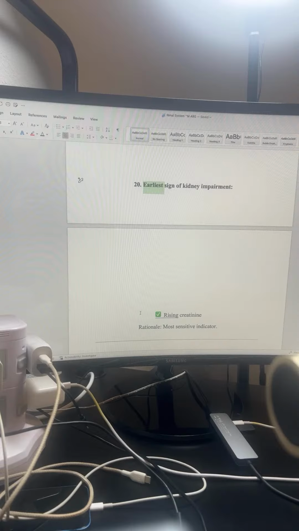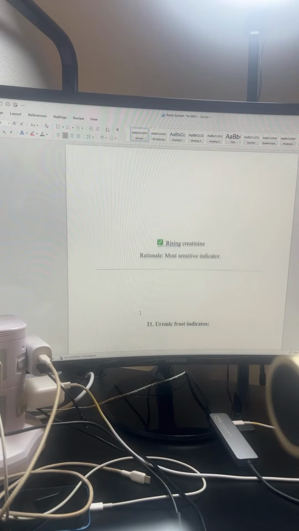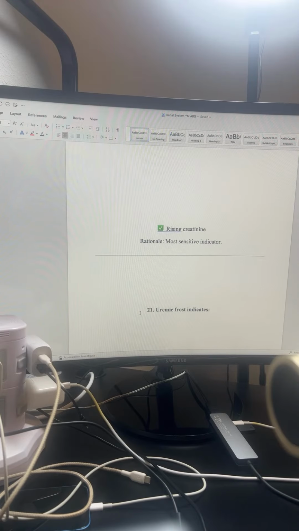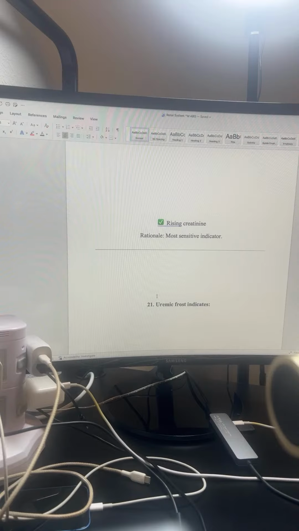So the slightest change in that, just make sure you're keeping an eye on it. And the uremic frost indicates, so you have a patient and they have uremic frost. What is that indicating?